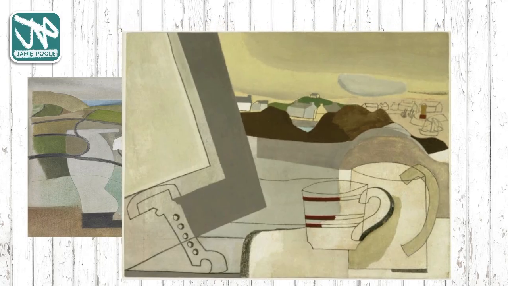So we end up with these shapes, which again have this kind of translucent quality to them, but there's a lot of enjoyment and joy in the shapes. They're almost like being celebrated within the picture as well. So this is the kind of thing that I thought we could have a little go at.